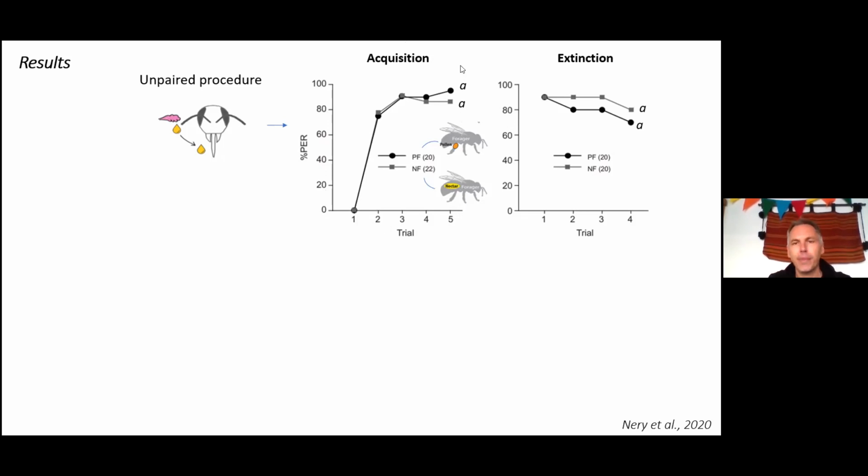So we can see that there are no differences between bees, neither during the acquisition of the olfactory information nor when we test memory extinction. Both memories extinguished similarly.